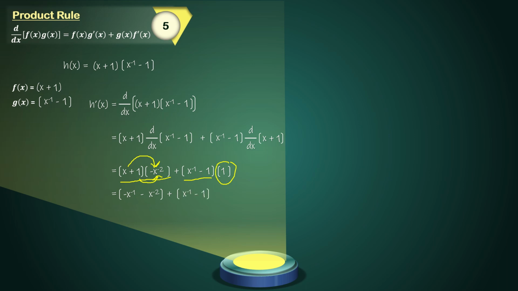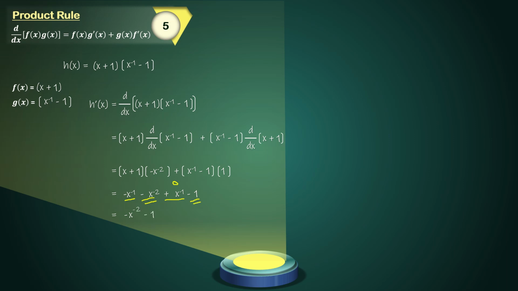Remove grouping symbols. Then combine similar terms. Negative x raised to negative 1 plus x raised to negative 1 is 0. And the remaining terms are negative x raised to negative 2 minus 1.